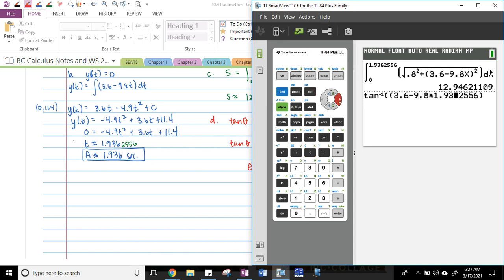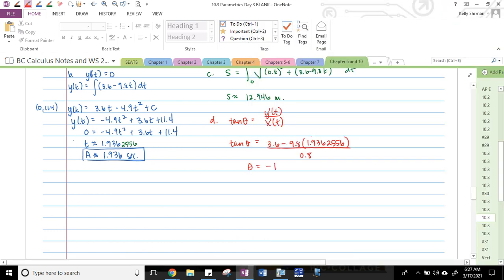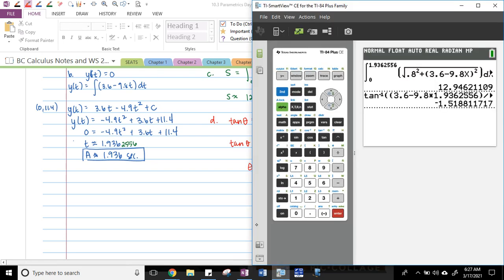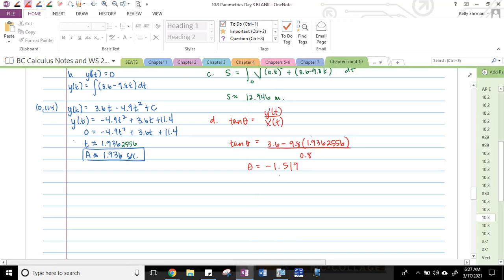Okay, that divided by 0.8. So yeah, I'm getting a negative radian, but even though that came out negative, we're going to make it positive. So we can write the negative 1.519-ish, but our angle, the absolute value of it, will be 1.519 radians.